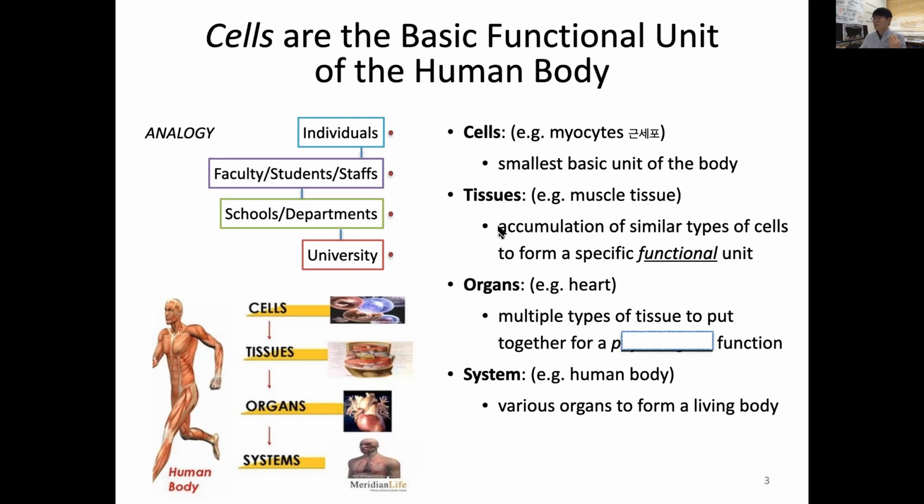And multiple types of tissue can be put together to form a physiological function. So for example, muscle tissue forms an organ, which is the heart. The heart has a specific physiological function, basically pumping oxygenated blood and also gathering deoxygenated blood and sending it to the lungs for oxygenation. And these various organs put together can form a living body, which we call a system.